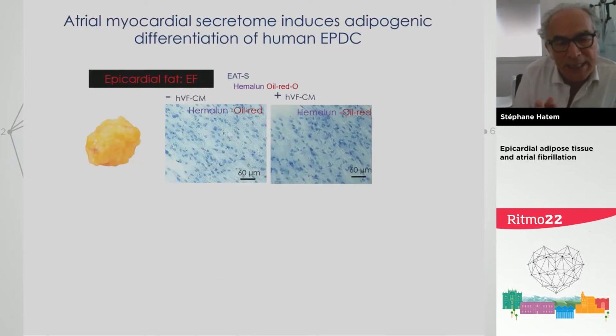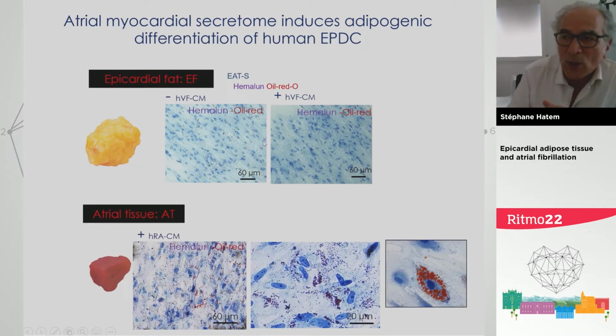Then the question is, what are the factors that recruit these cells and make them become adipocytes? We first tested the secretome obtained from adipose tissue and found no effect on epicardial progenitor cells that we can maintain in culture conditions.